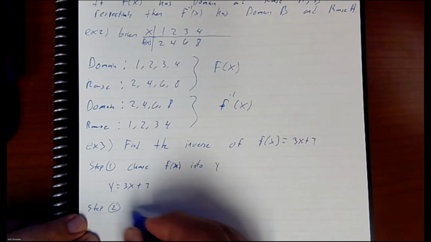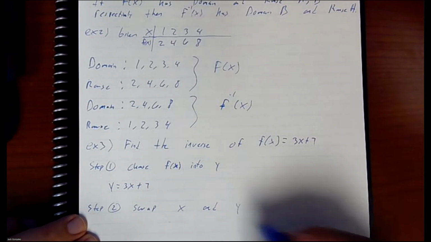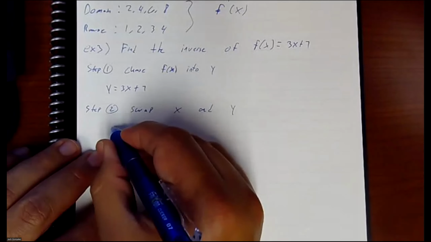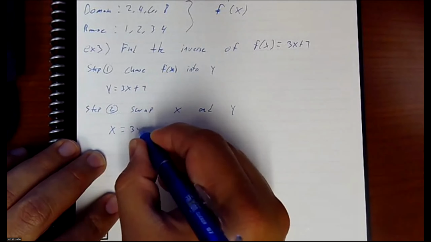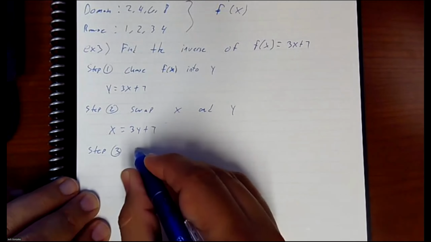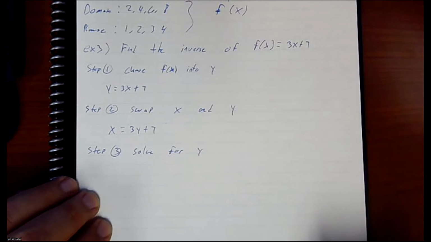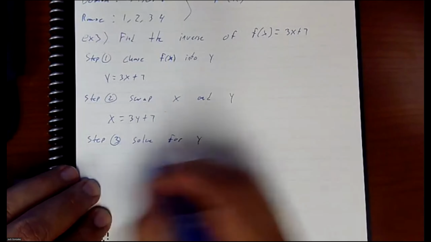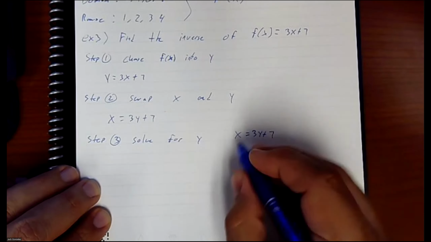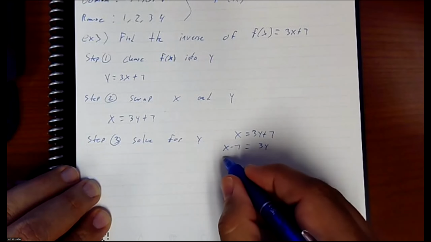Step 2, swap x and y. Step 3, solve for y. So subtract the 7, divide by 3.